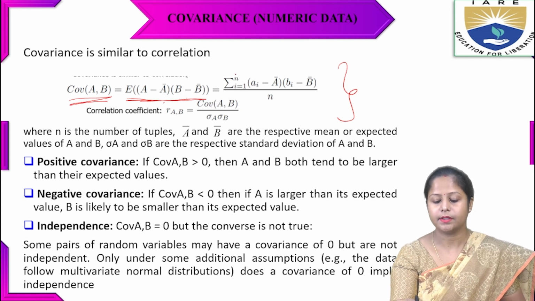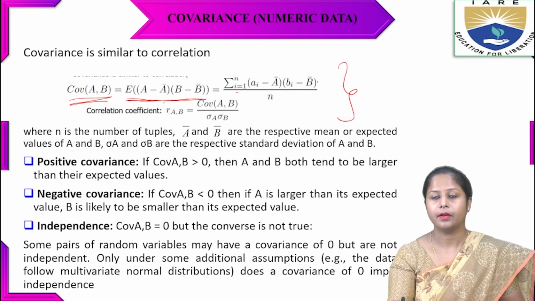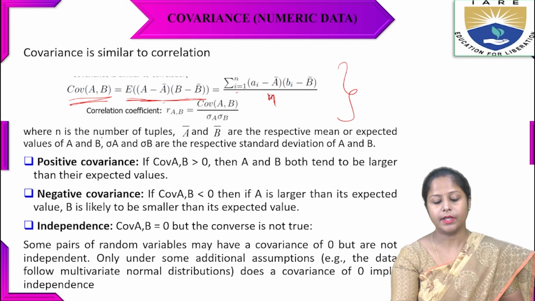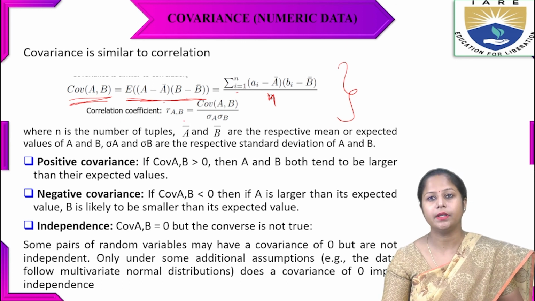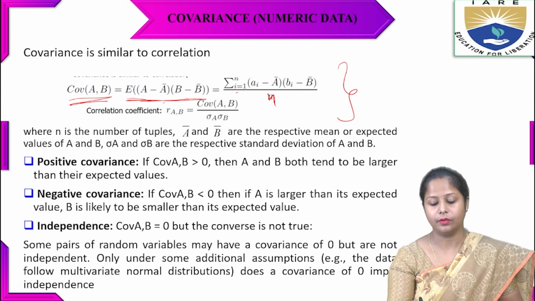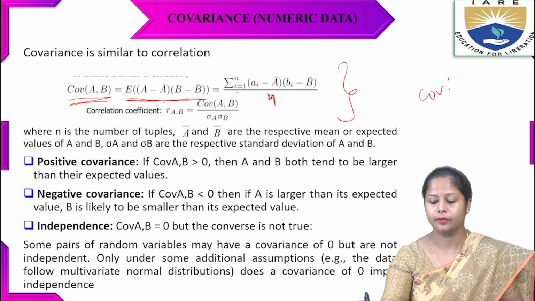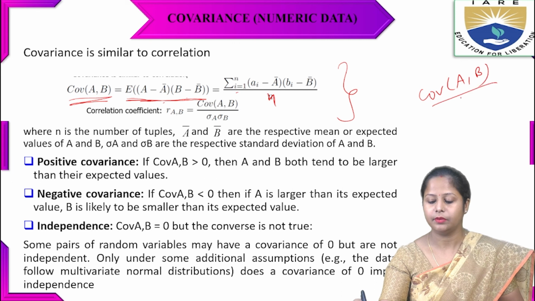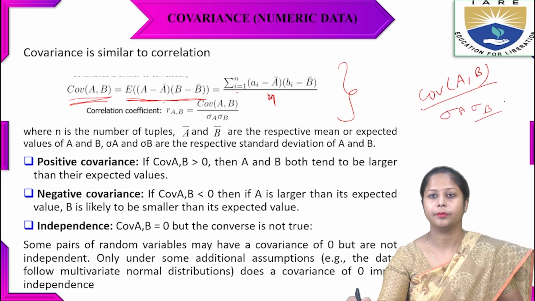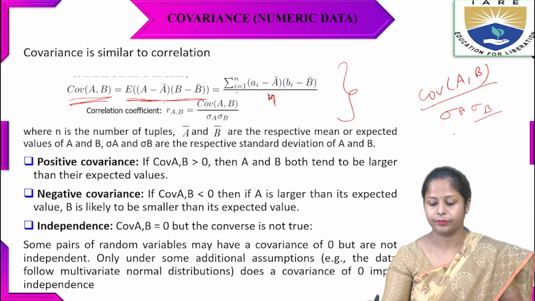That is, the summation from i equals 1 to n of (A_i minus A bar) and (B_i minus B bar), divided by the number of values. The correlation coefficient r of A, B is equal to the covariance of A, B divided by sigma A sigma B.